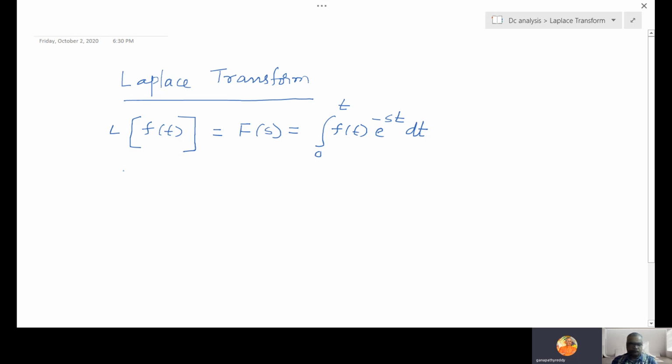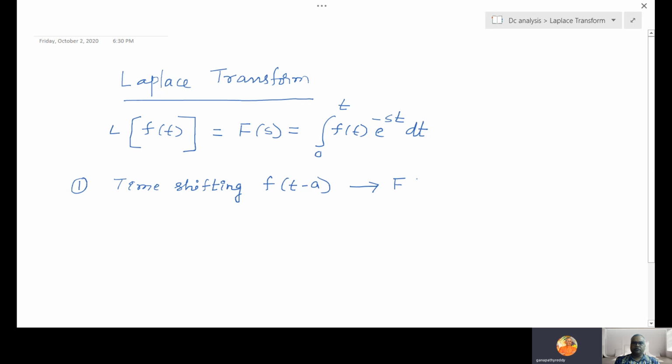Now, what are the different properties? So, for example, the time shifting property. Time shifting: f of t minus a, f of t shifted by a.